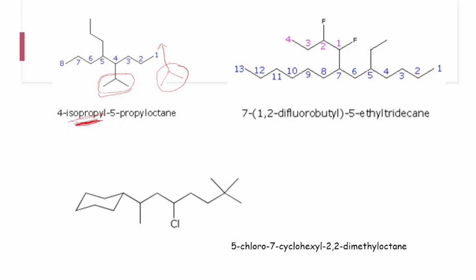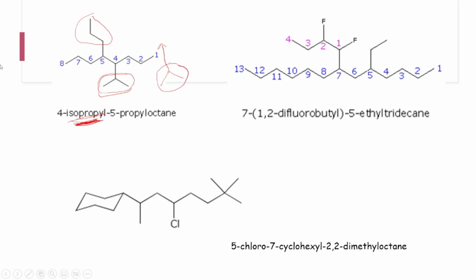This is the isopropyl group. So here we have 4-isopropyl, and this is propyl, normal propyl, because it's a straight chain. This is isopropyl. So this is 4-isopropyl, 5-propyl octane. And of course the isopropyl and the propyl can have the same order, no difference.